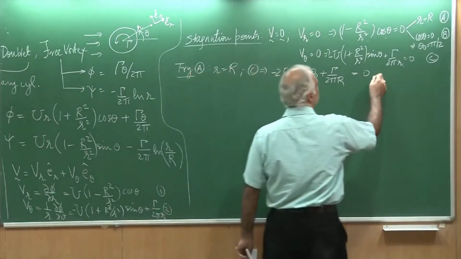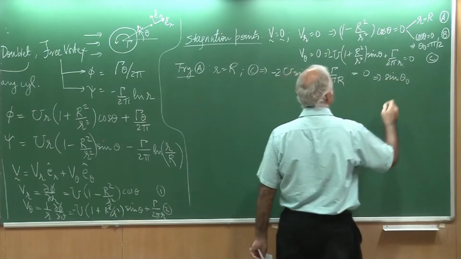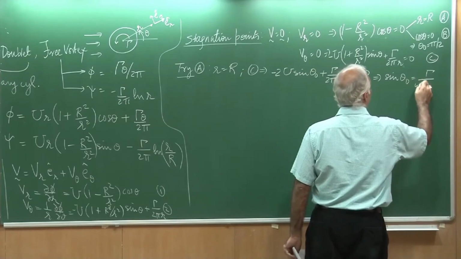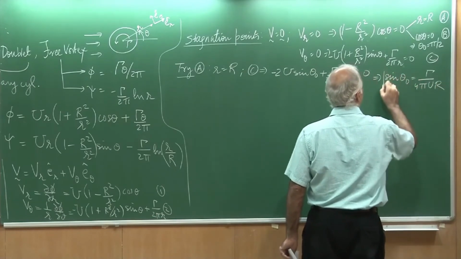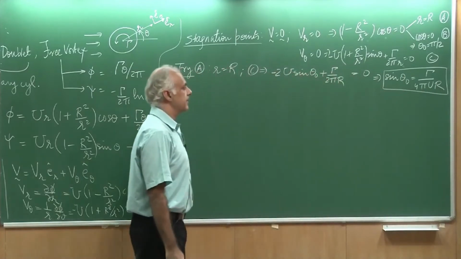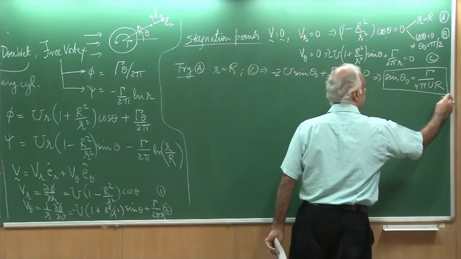This implies that sine theta naught is gamma by 4 pi u R. Let me call this condition D.